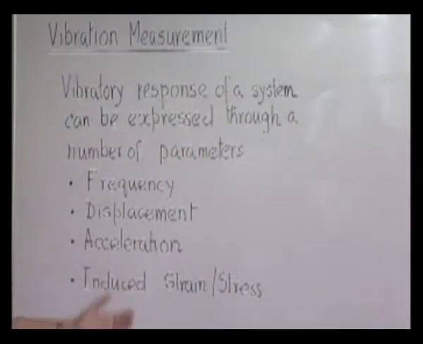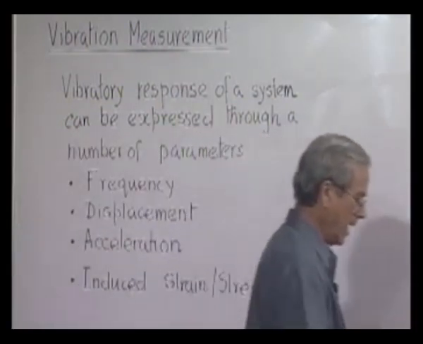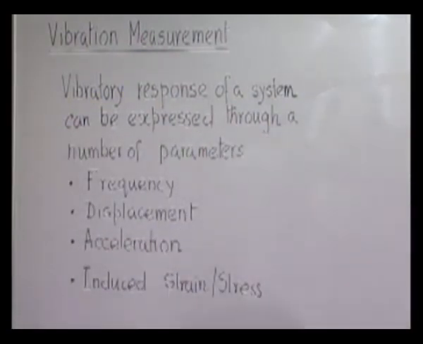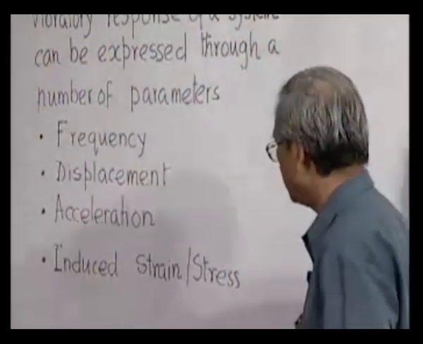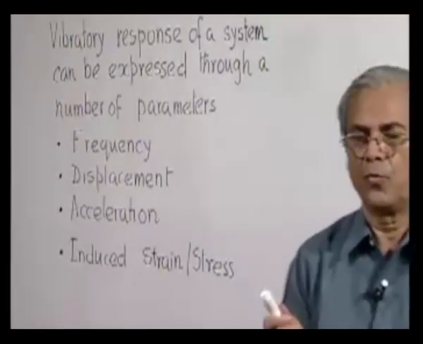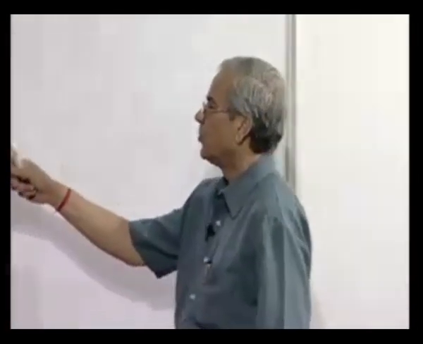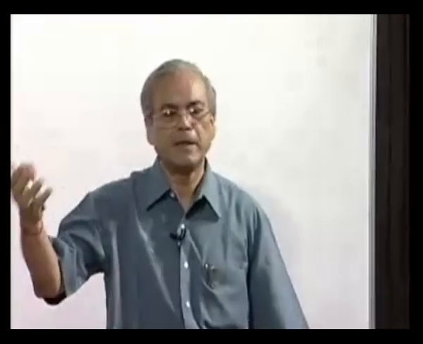Now, which parameter is to be used depends on the objective of the particular experimentation and also the field of application. For example, if we are measuring the vibration of a system with an objective to figure out what is the source of this vibration, then the best will be to find out the frequency, not amplitude or other things, because in a machine there are many sources of unbalanced forces and moments.